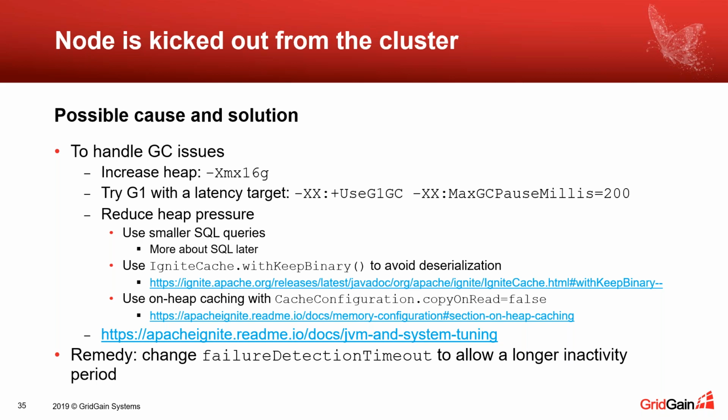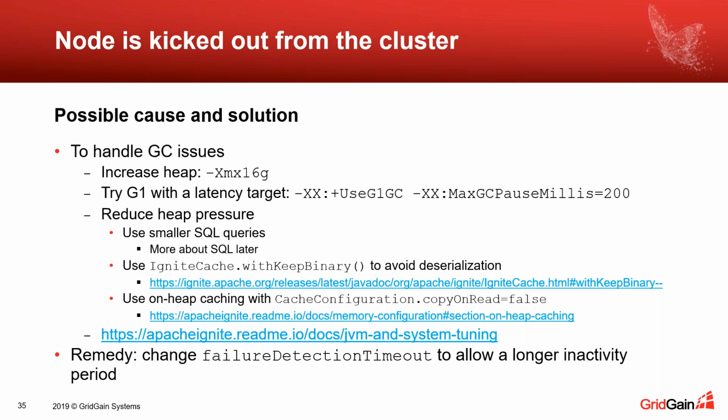Sometimes it will help to reduce garbage collection latencies and stop-the-world pauses, so as to avoid this issue. And if that doesn't work, you might need to reduce the heap pressure that your application creates on the garbage collector.